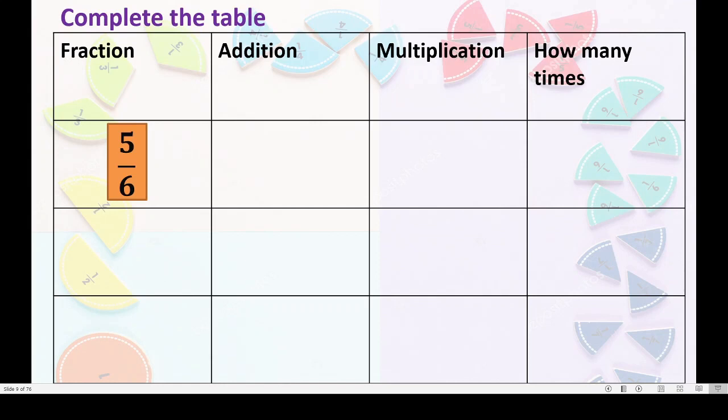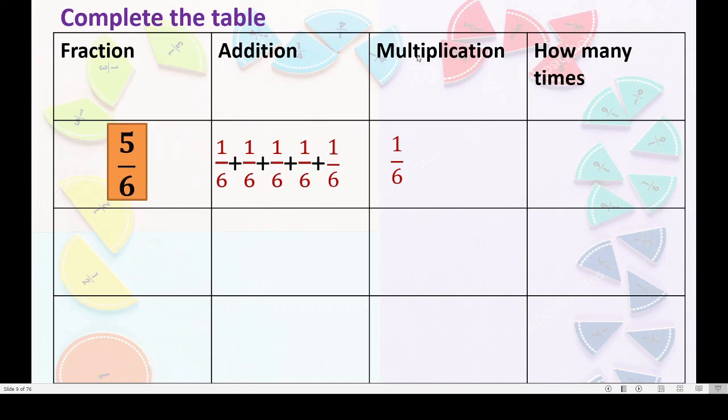Correct? 5 upon 6. The denominator remains the same. So here we can write 1 upon 6 plus 1 upon 6 plus 1 upon 6 plus 1 upon 6 plus, the 5th time, here meaning 5 times we have added 1 upon 6, then we get 5 upon 6.